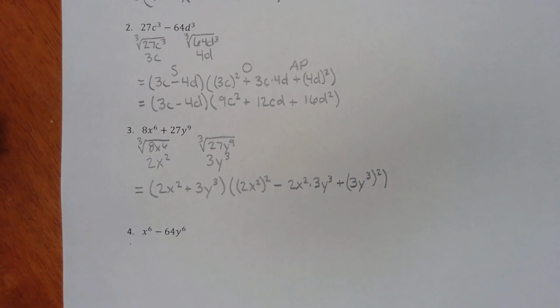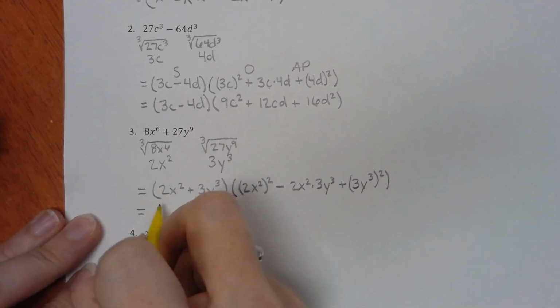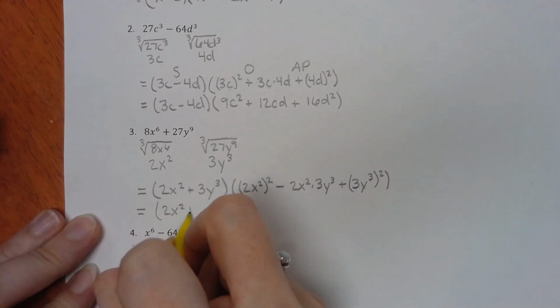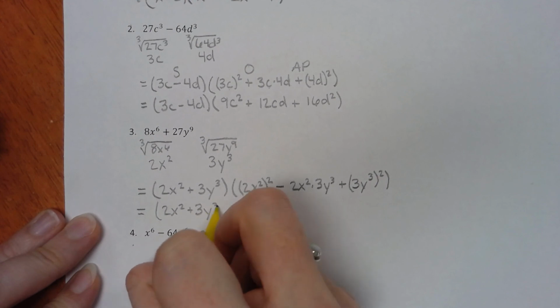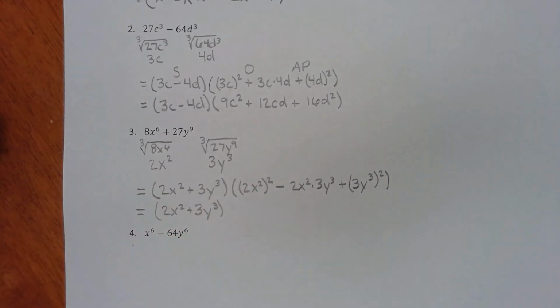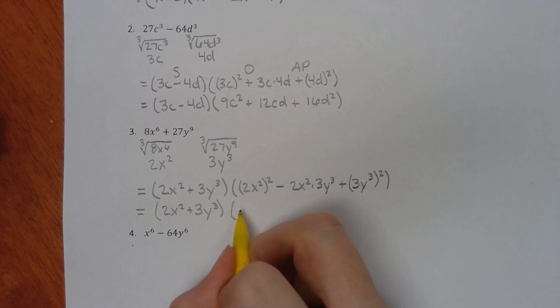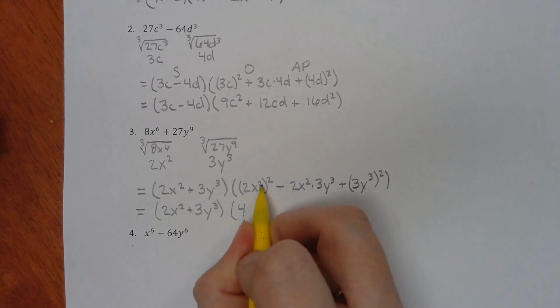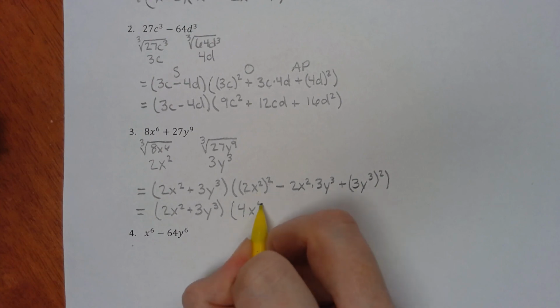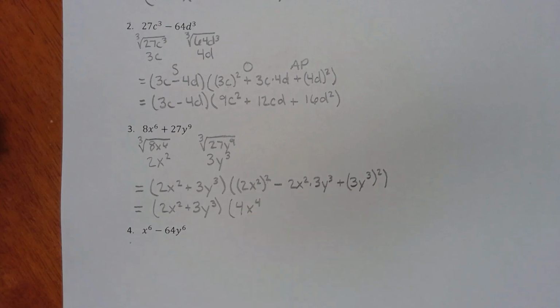So let's clean this up and simplify these factored forms. We have 2x squared plus 3y cubed, just bringing that down. We can square the 2 and the x squared. So 2 squared is 4, and x squared squared, remember that's power to power, you'll multiply, making that x to the 4th.